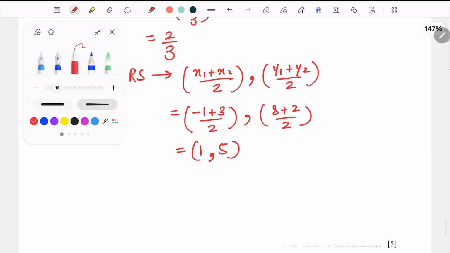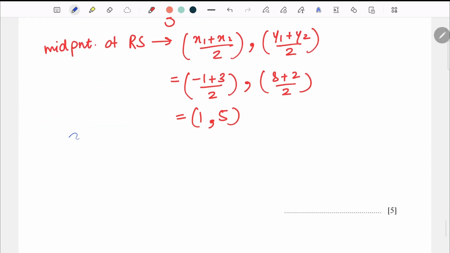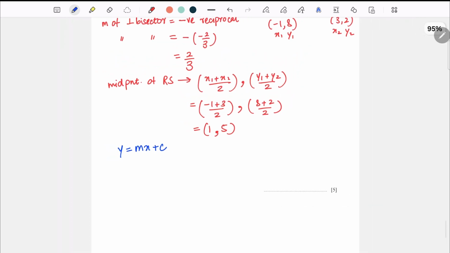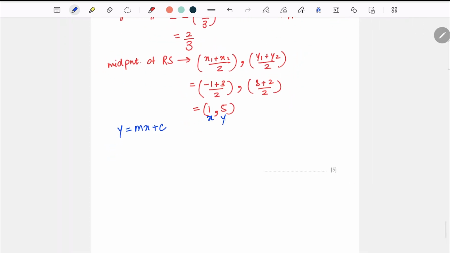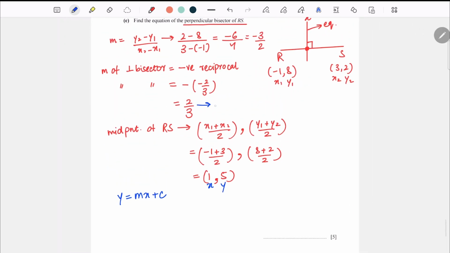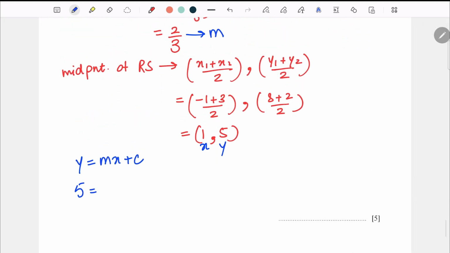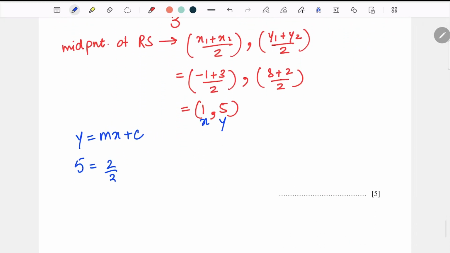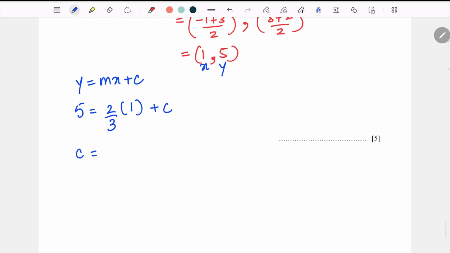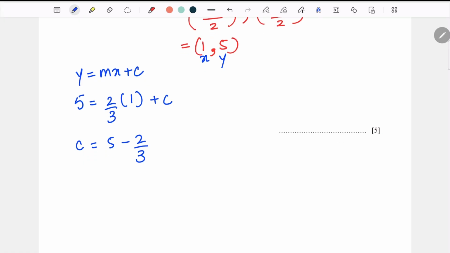Now we'll be using the general form of the equation y is equal to mx plus c to find the overall equation. This is x, this is y, this is m. So 5 is equal to m, which is 2 over 3, times x, which is 1, plus c. C will be equal to 5 minus 2 over 3.